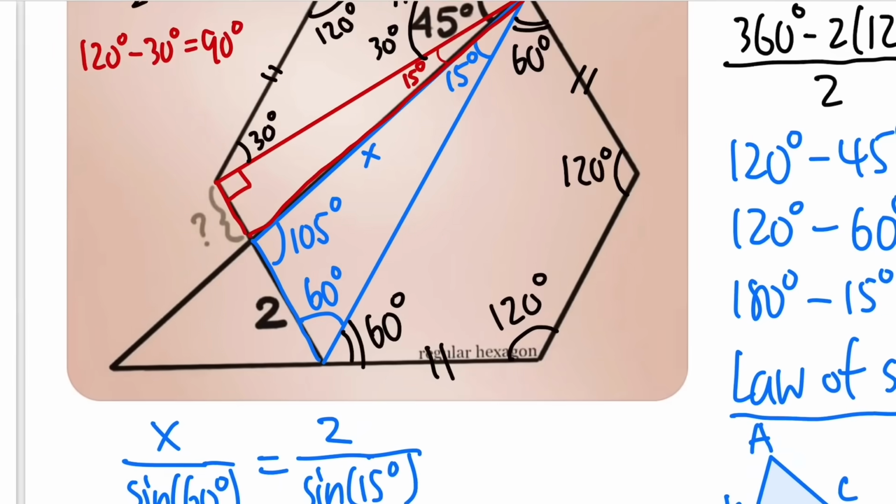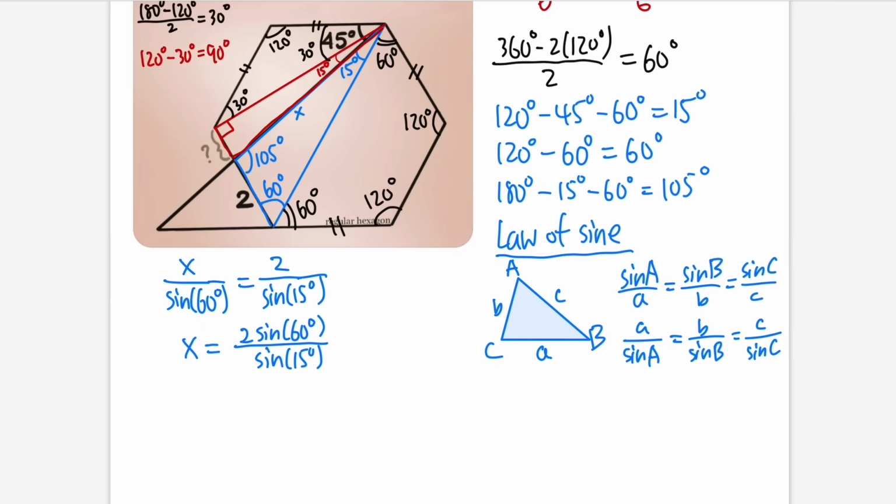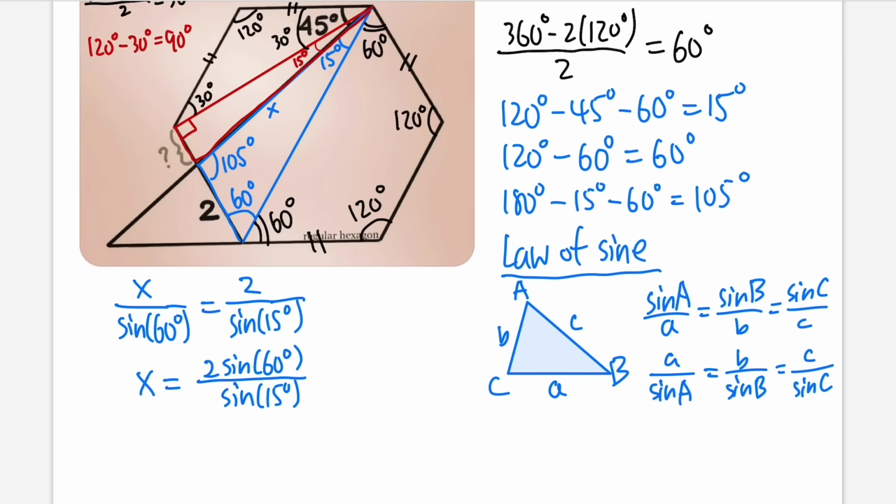So, I'm actually going to finish this right here for you guys. All we have to do is that we know sine of 15 degrees must be equal to opposite, which is the question mark, over the hypotenuse, which is x. So I will just write down question mark over the hypotenuse, which is 2 sine of 60 degrees over sine of 15 degrees.